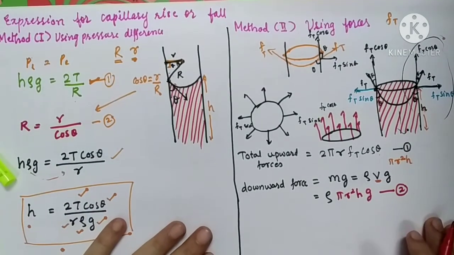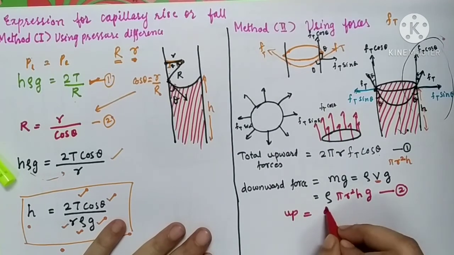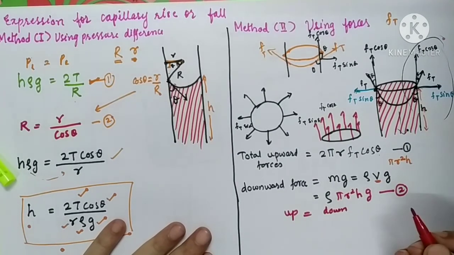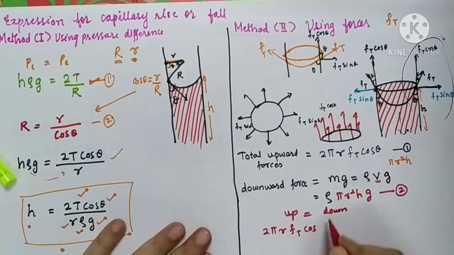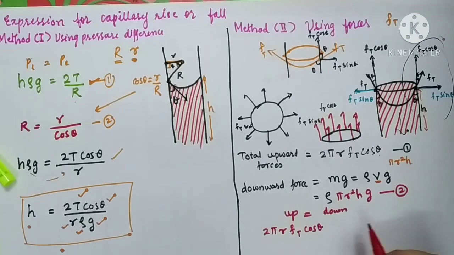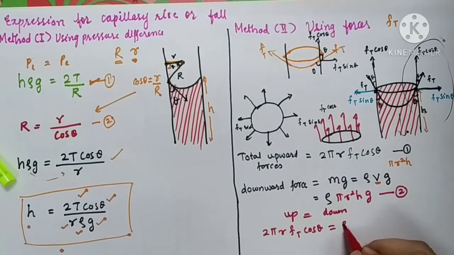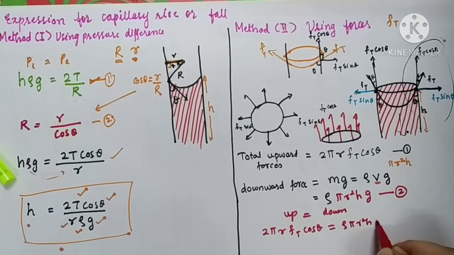So when you equate these two equations, we all know that upward force is exactly equal to the downward force. So equating equation 1 and 2, we will be getting 2 pi r Ft cos theta is equal to rho into pi r square h into g.